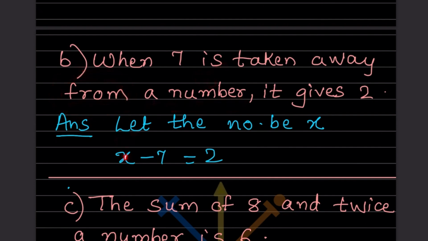So x should be here, and then you take 7 away from it. So x minus 7, and not 7 minus x. This is wrong. And it gives 2 means is equal to 2. Again, just concentrate on this "from". After "from", whatever is there should be at the start.